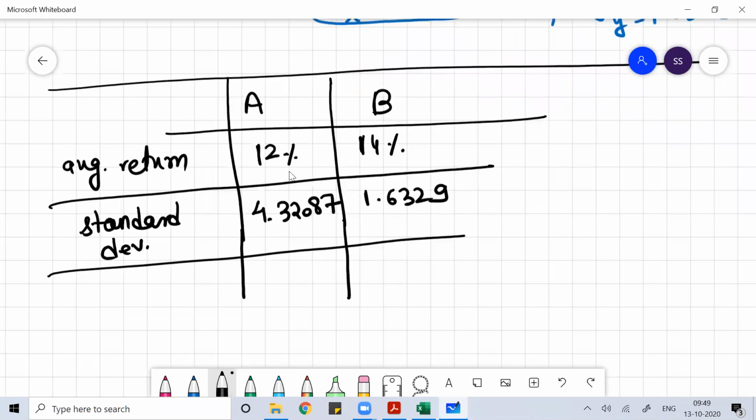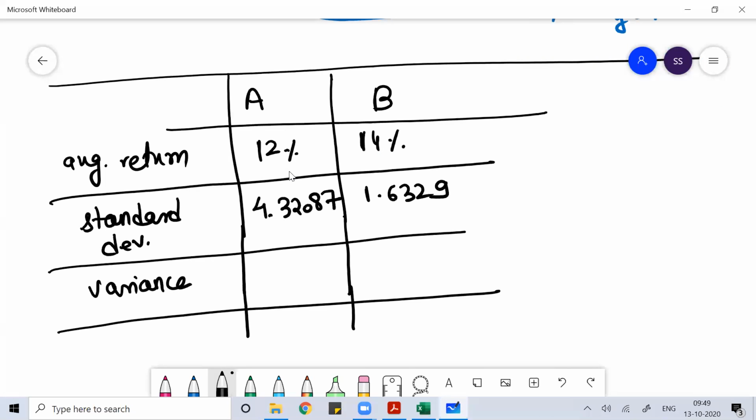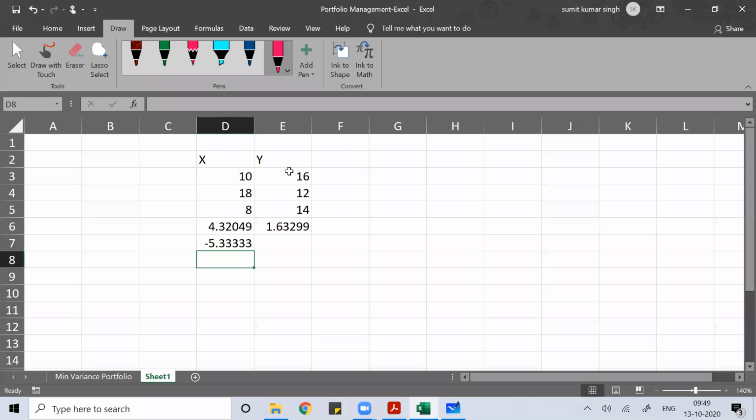You can do the square and then find the variance. The variance on them would be the square of this. Just do the square of them.